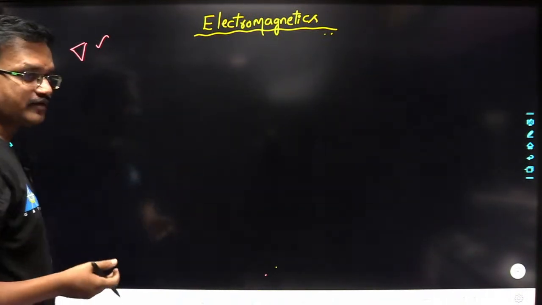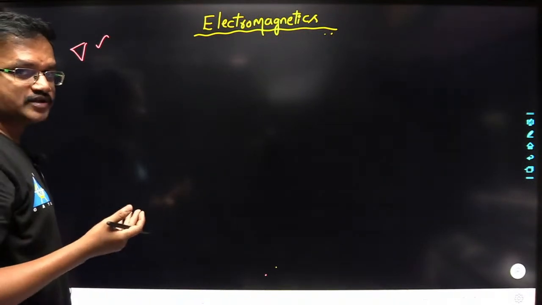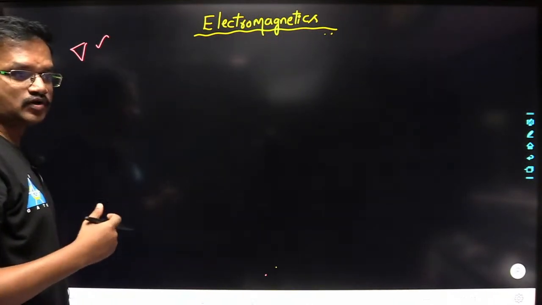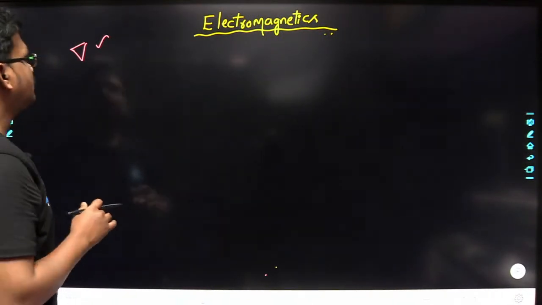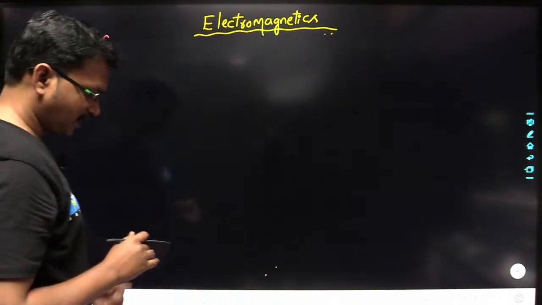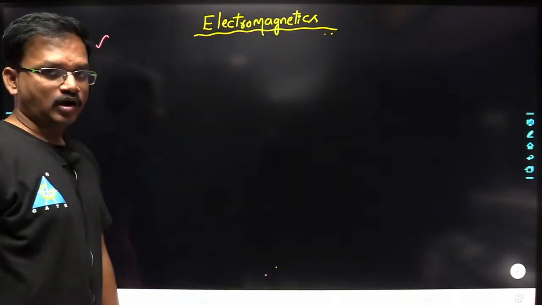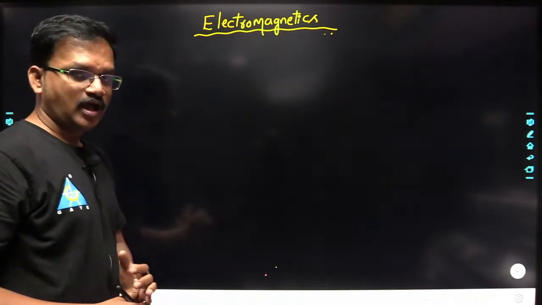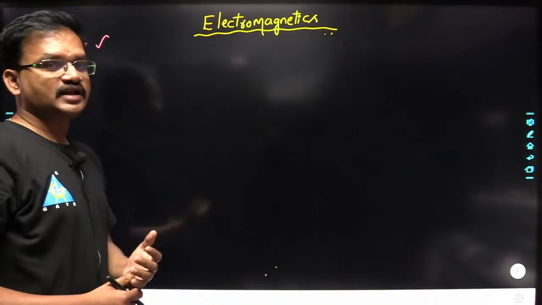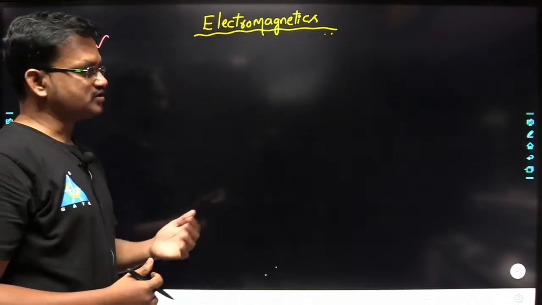Whenever it operates on a vector function, you have two operations: one is divergence, another one is curl. So we have seen in detail what gradient means, how to represent gradient mathematically, and also what the physical interpretation of gradient is.